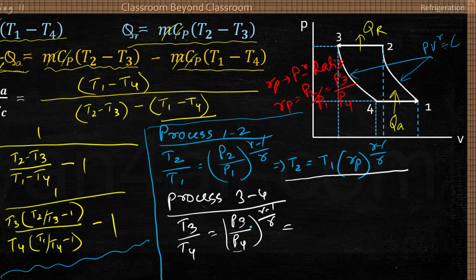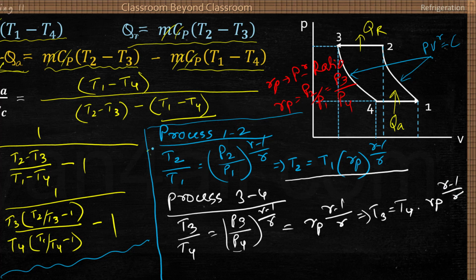Now just now we have said that P3 by P4 is actually equal to P2 by P1, and that is equal to RP to the power gamma minus 1 by gamma. So from this we can write T3 is equal to T4 into RP to the power gamma minus 1 by gamma.